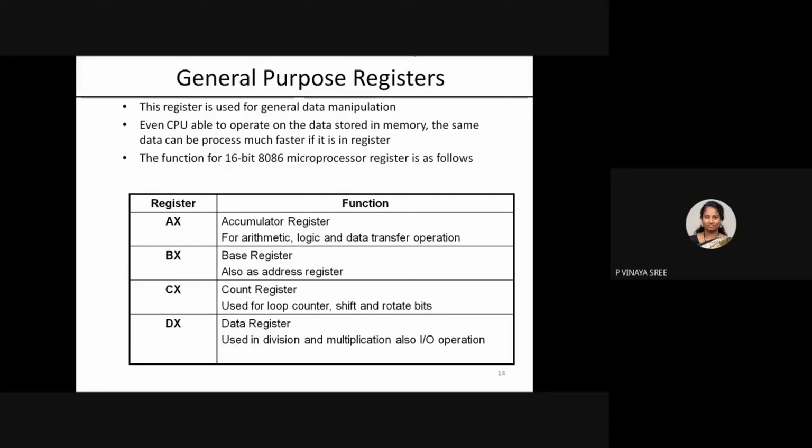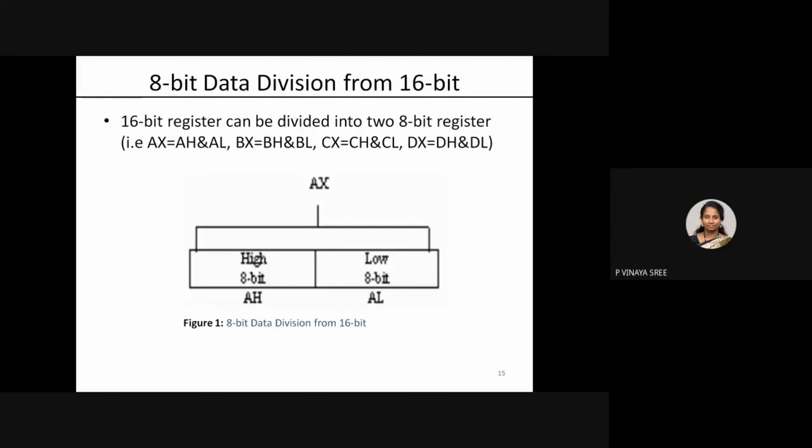Okay, so let me start with the general purpose registers. We have AX, BX, CX and DX. We'll be discussing one by one. Coming to AX, a 16-bit register can be divided into two 8-bit registers, higher order and lower order. You should mention it as from 0 to 7 and from 8 to 15.